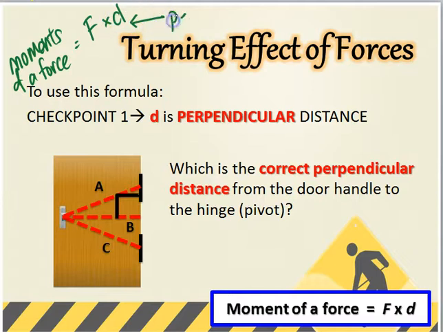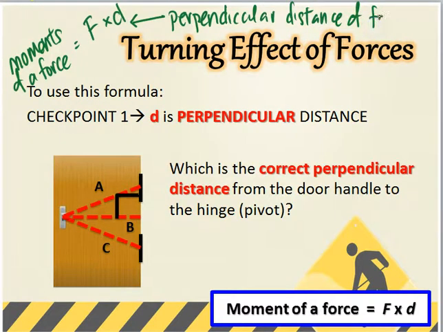This distance is the perpendicular distance of the force from the pivot, between the force and the pivot. Okay, so now let's use this formula.